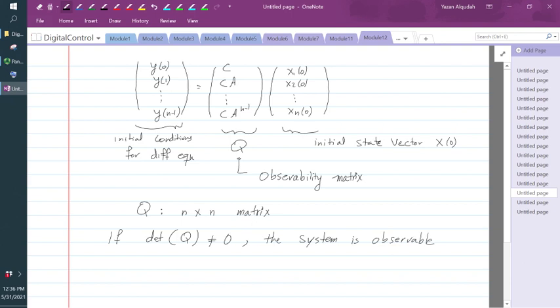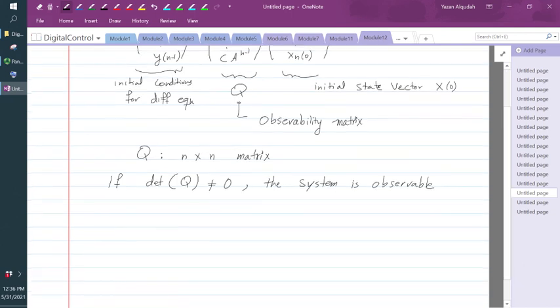What that means is we can determine the initial state vector x of 0 by observing the output.